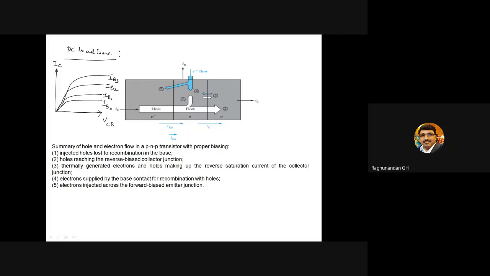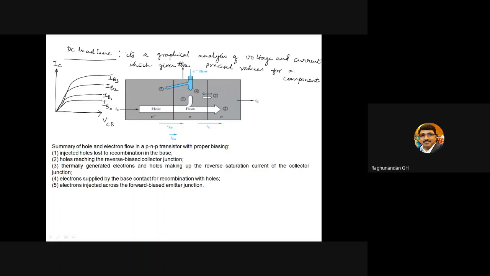The DC load line is a graphical analysis of voltage and current which gives the precise values for a component.